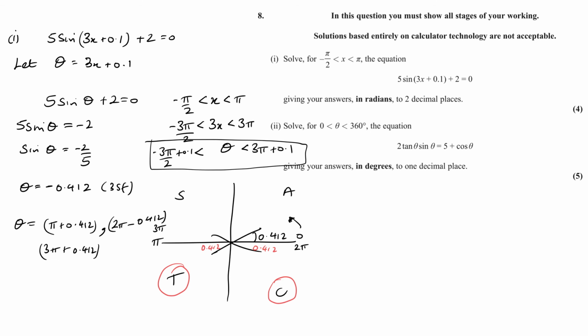But this last one, we just need to think, right, 3 pi plus 0.1, that's a 0.4, isn't it? So it's not going to be within my range. So I don't need this last angle. I'll just rewrite this one a little bit better. So we've got 2 pi minus 0.412. So just 2 angles when we go in the positive direction.